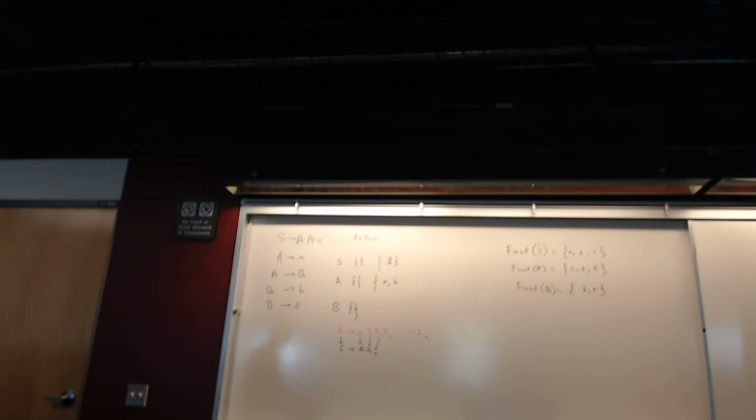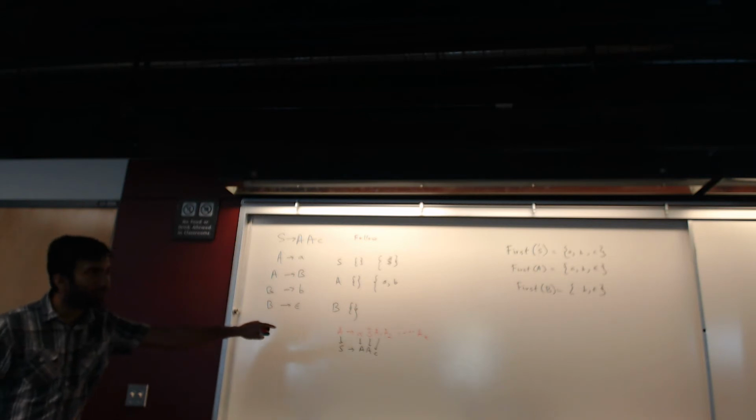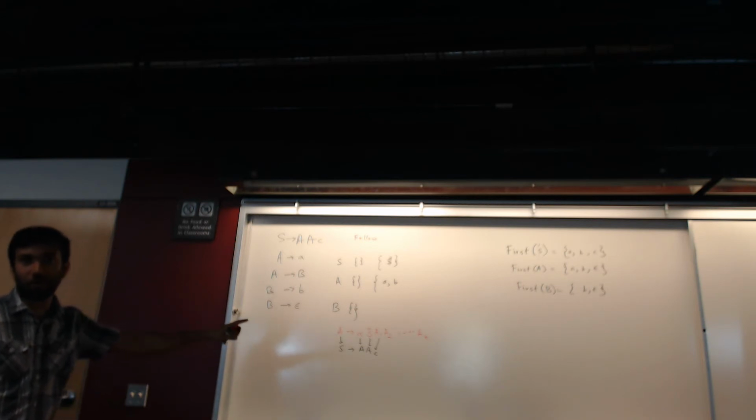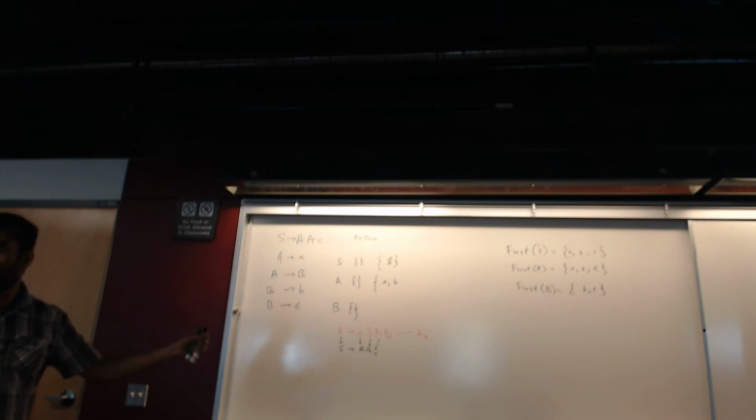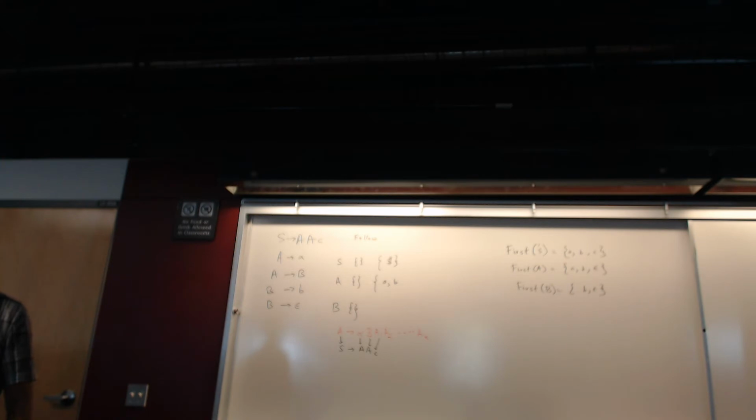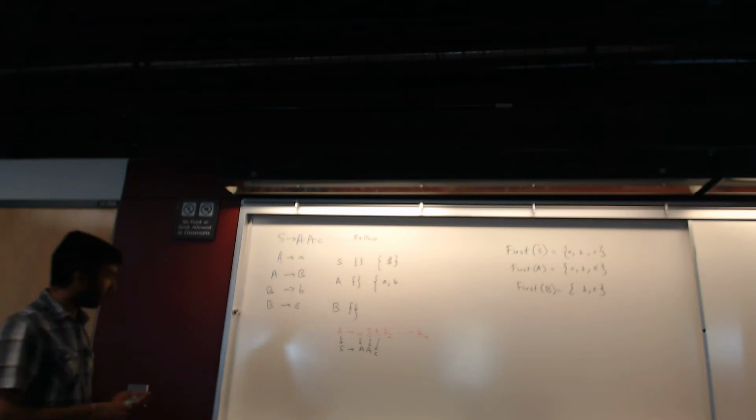So in that case, what happens? If we apply rule number 4, you have to add first of A1. A1 is C, right? You have to add first of A1 minus epsilon to the follow of B. B is A. So first of A1 is C. So you have to add C to follow of A.